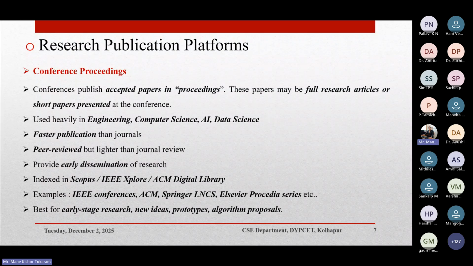Whenever we compare conference paper publication, the time required for publication is less than the journal, because in a journal they have a standard time of minimum 120 days. So 120 days means you have to wait at least 3 to 4 months for the first decision. Then they provide different comments, and based on the comments you update the paper.